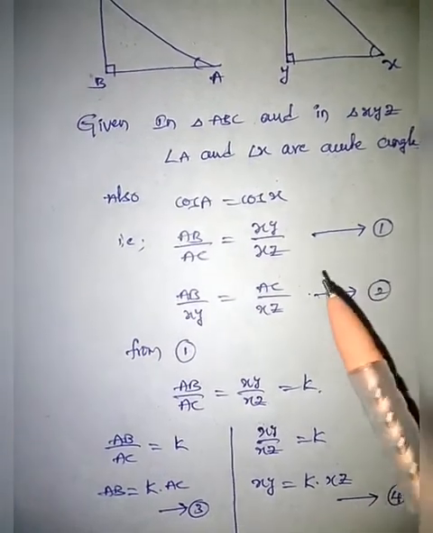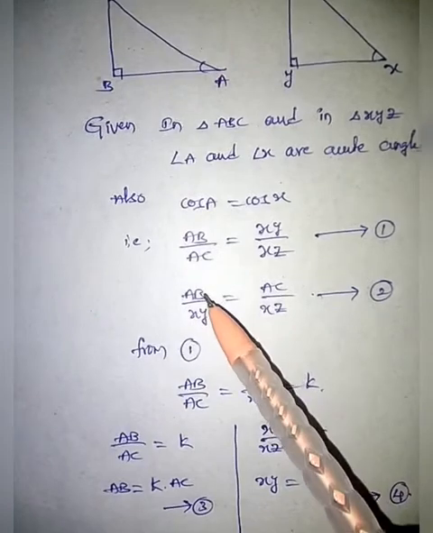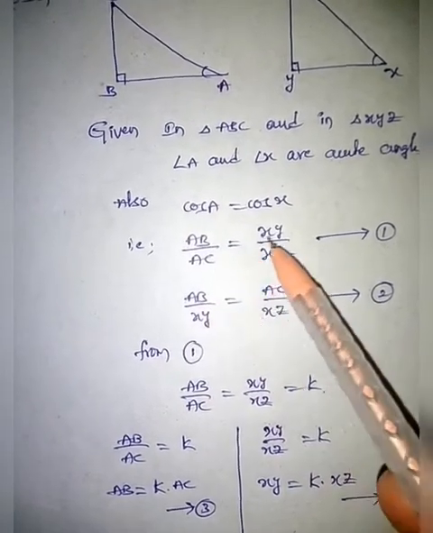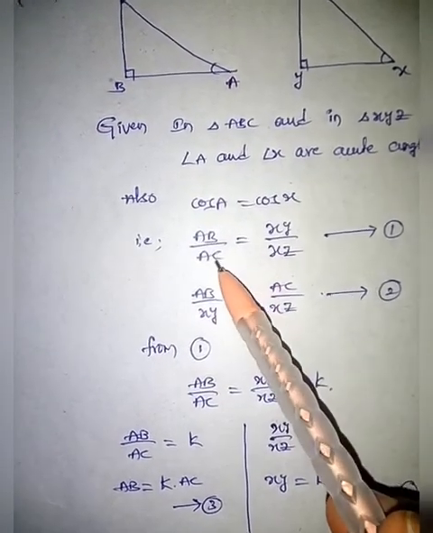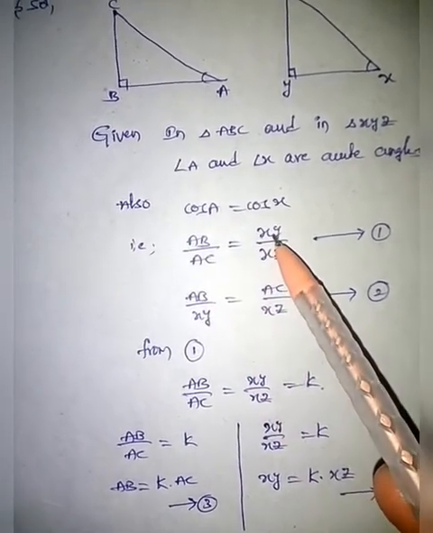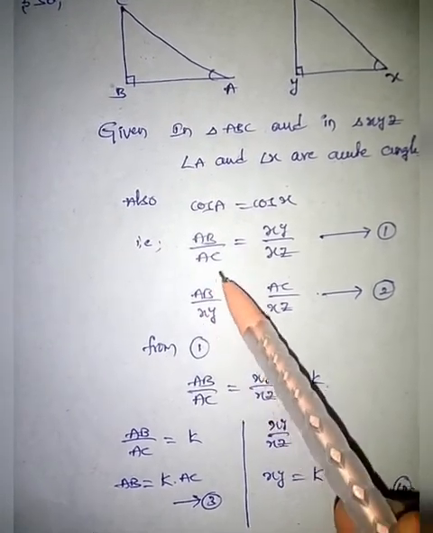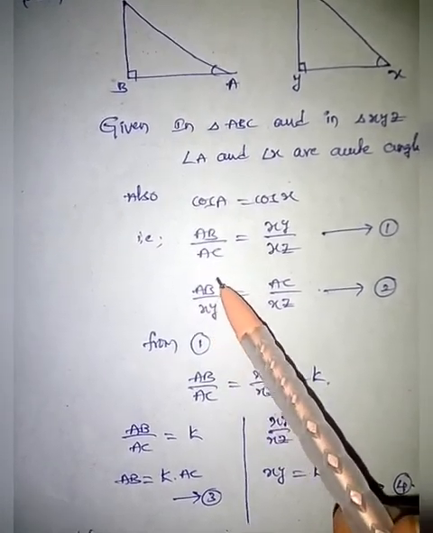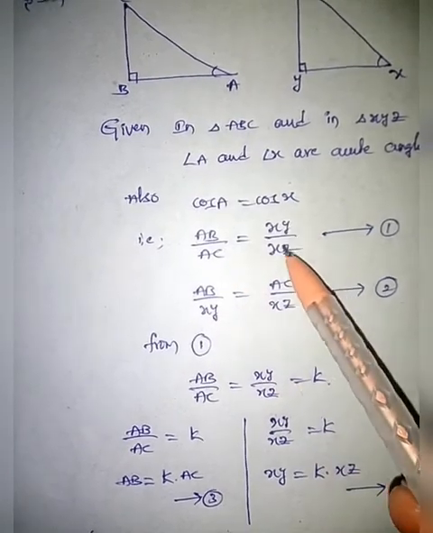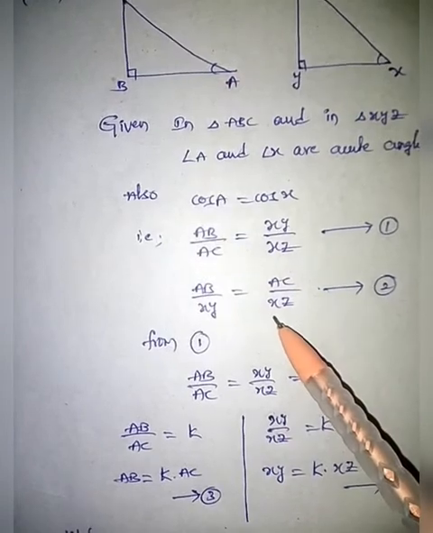In this equation 1 we can change this as follows, that is AB, and do the cross multiplication. If you do the cross multiplication, XY becomes the denominator of the AB and AC becomes the numerator of the fraction AC by XZ.